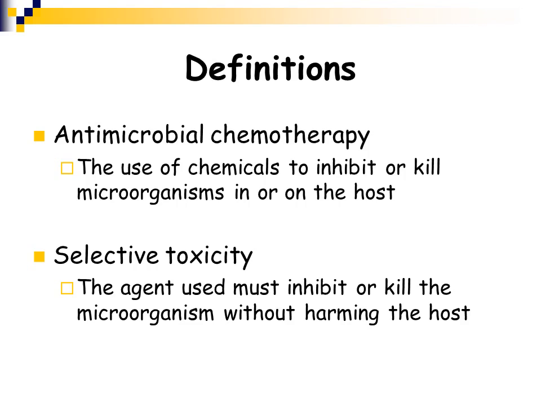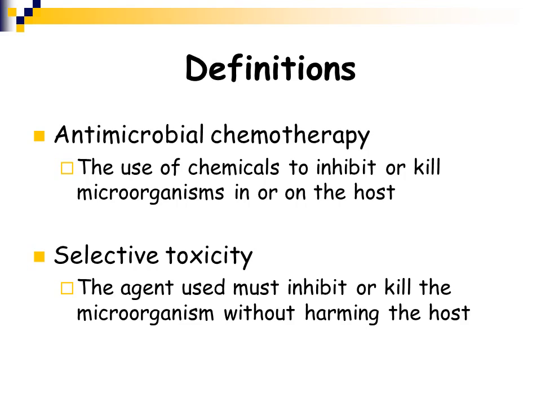We're going to start with some definitions. Antimicrobial chemotherapy is the use of chemicals to either inhibit the growth of or kill microorganisms in or on the host. Selective toxicity is when an agent that's used must inhibit or kill the microorganisms without harming the host. So this makes sense, right? You want your antibiotics to be able to get inside of a cell and kill that cell.